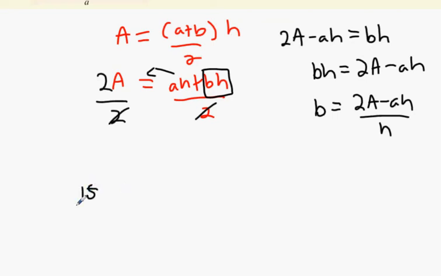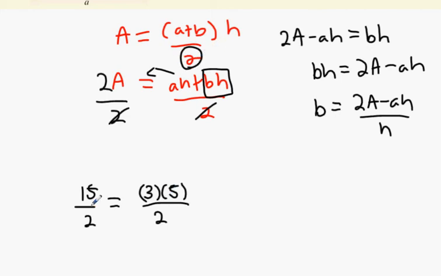15 over 2 is the same thing as, 15 over 2 is 7.5, right? Now, 15 is the same thing as 3 multiplied by 5. Now, do you see the way there's only one 2, because it's multiplication? And see the way there's only one 2 here.